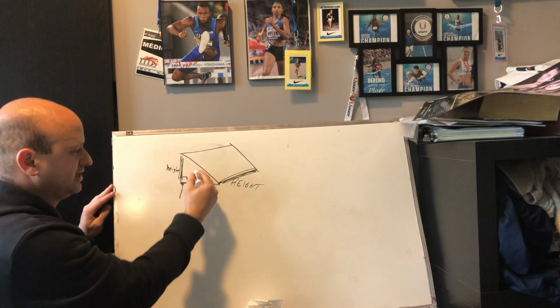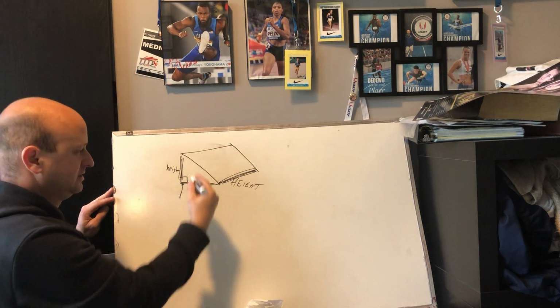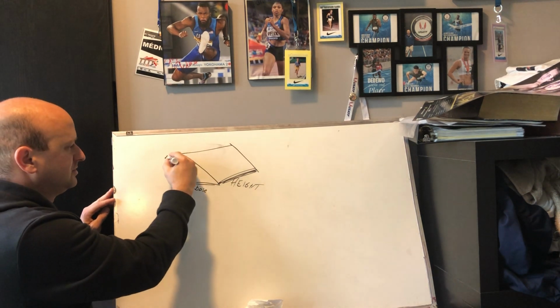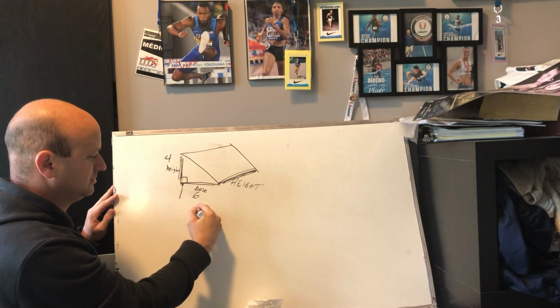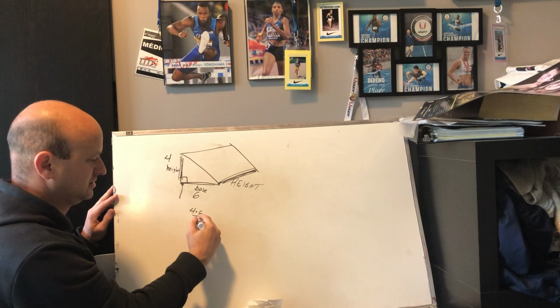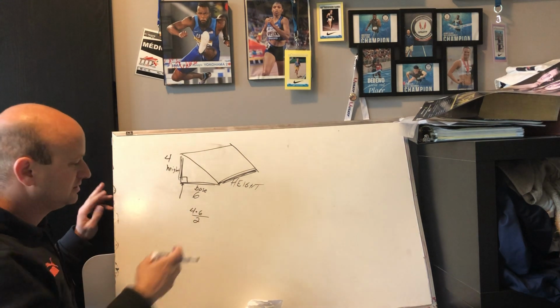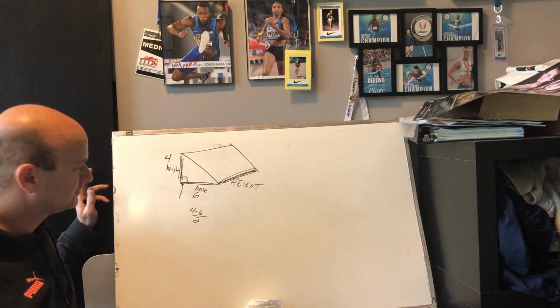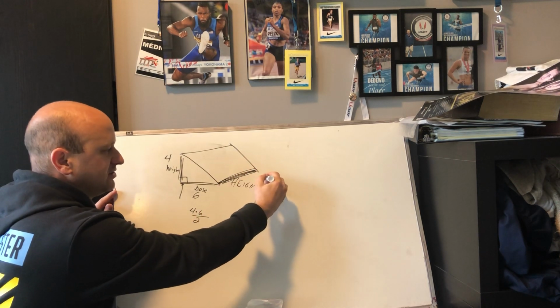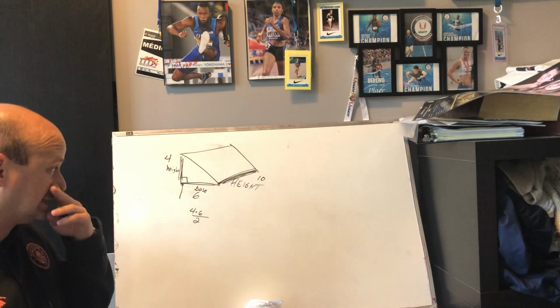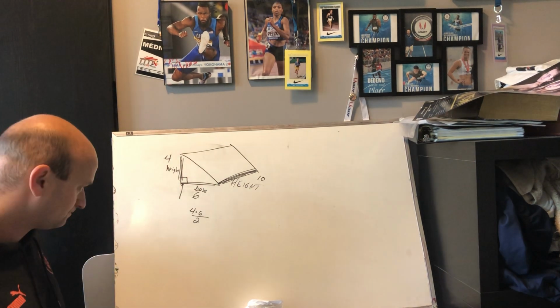So our formula would tell us to find the area of this. If we made up numbers like 4 and 6, the area of this would be 4 times 6 divided by 2, so that would end up giving you an area of 12. Then we take that 12 and multiply it by whatever the height of the prism is. I just made up a number of 10.